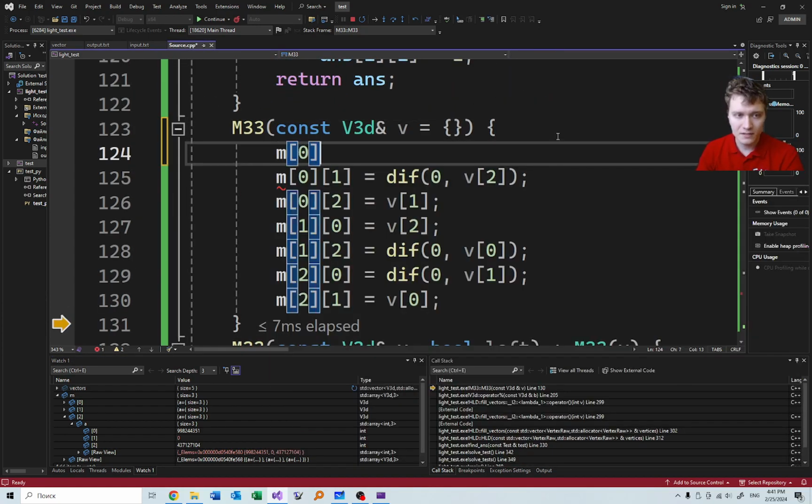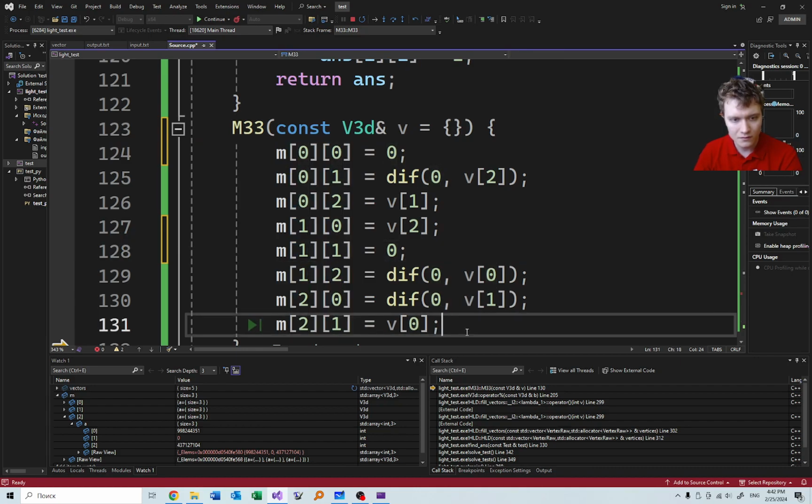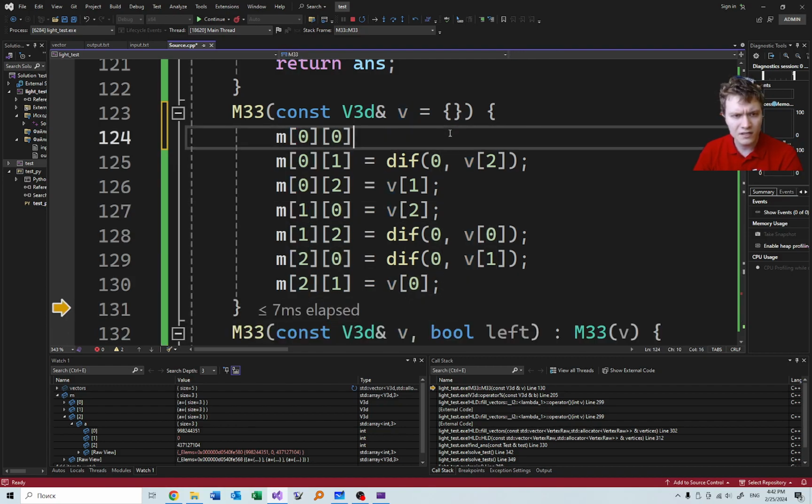We need to initialize it. Unfortunately, we need to initialize it or it is not good. I think we simply need to initialize v3d.